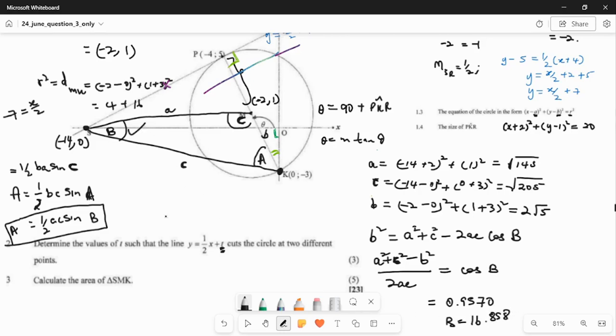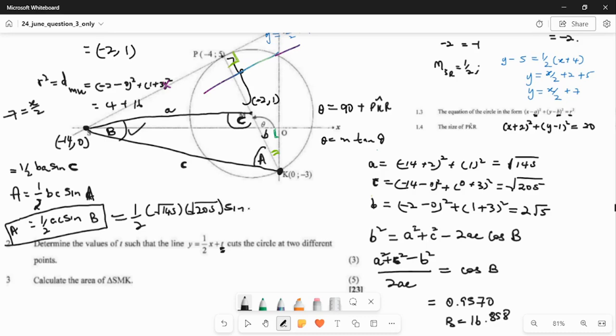Now we know what our B is. We can come and use this equation. So we'll just say half, our value of A is given by square root 145, multiplied by C, what is C? Square root of 205.